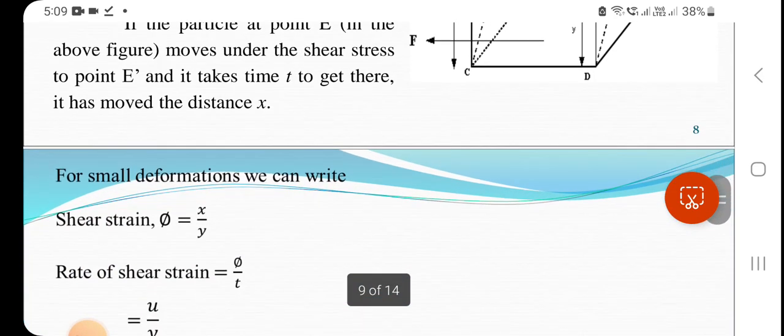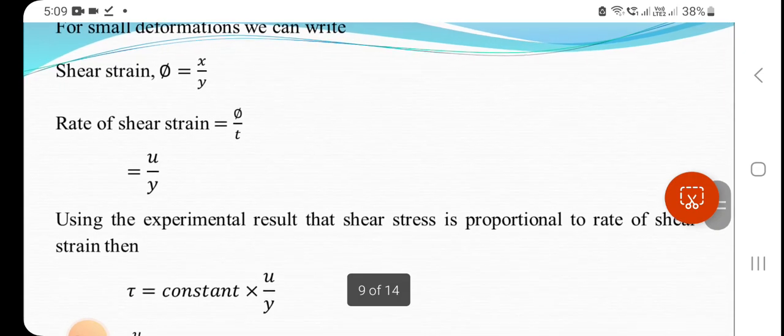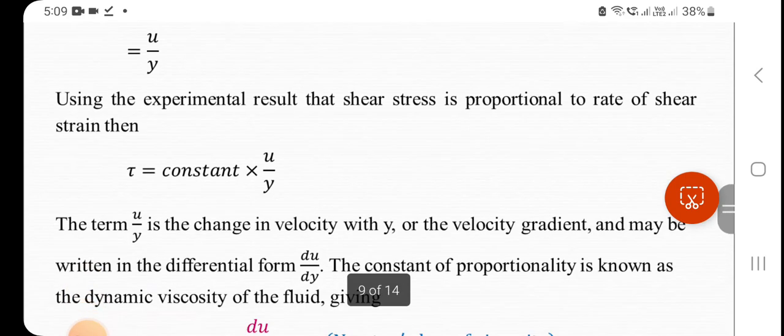For small deformation, we can write shear strain theta is equal to x by y. Rate of shear strain is equal to theta by t, which is u by y. Using the experimental result that shear stress is proportional to the rate of shear strain, tau is equal to a constant times u by y.